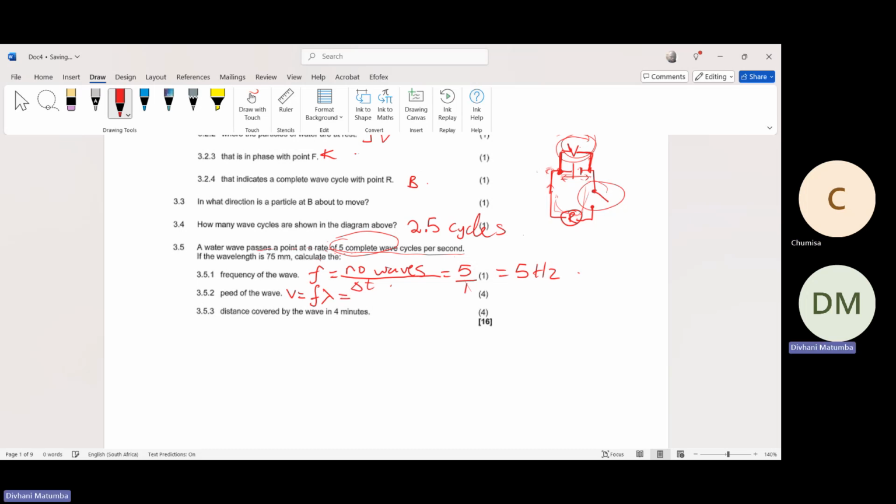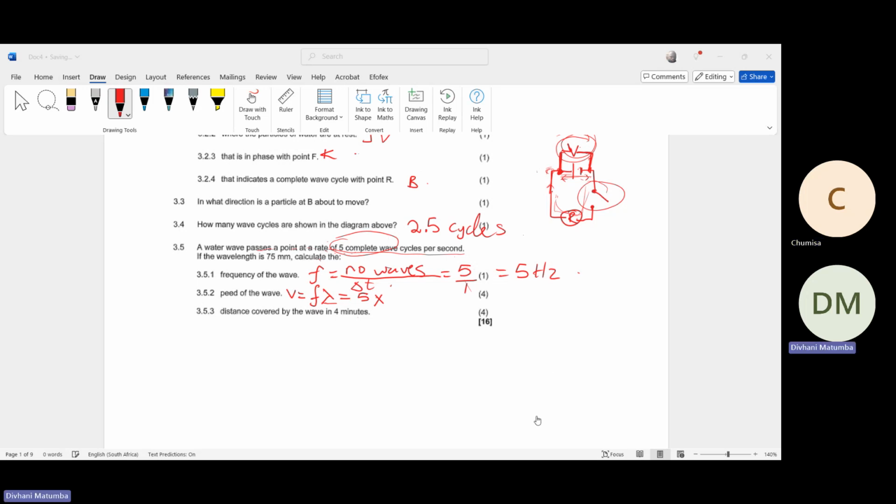Okay. So we do have the frequency, which is 5, times what is the value of lambda? Check the question. 75 millimeters. They are trying to trick you. If you look carefully, what is the unit of wavelength?